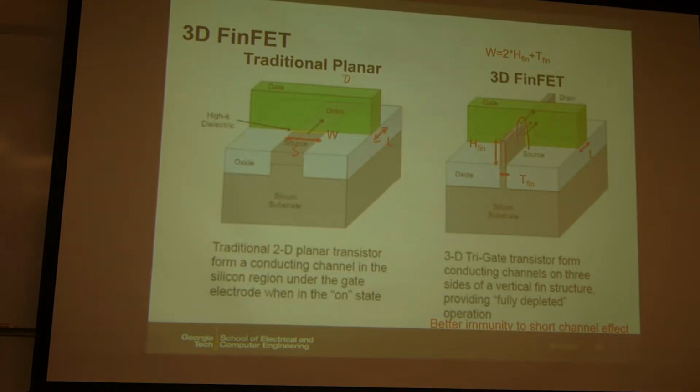If you do this FinFET structure, then two sides of the channel are coupled to the gate, so the gate has more coupling to the channel, and then it will be better short channel effect, purely due to the electrostatics. And this is called FinFET because it's like the fin of the fish.